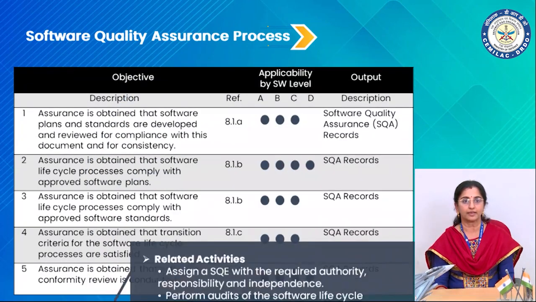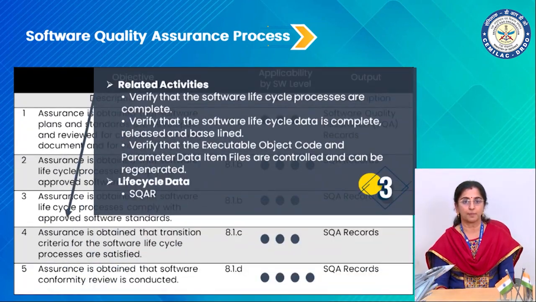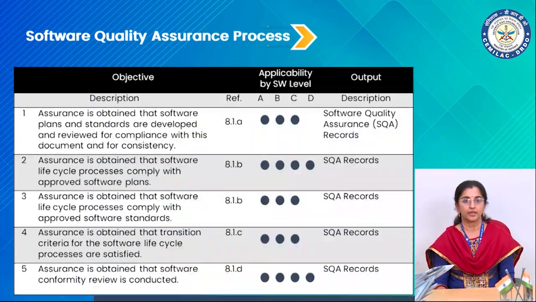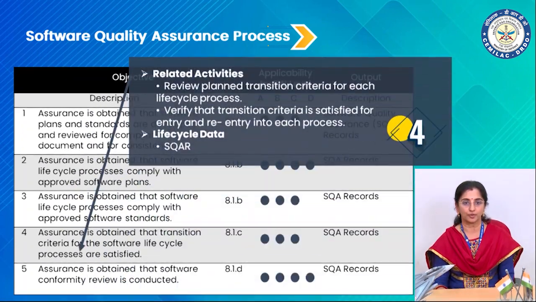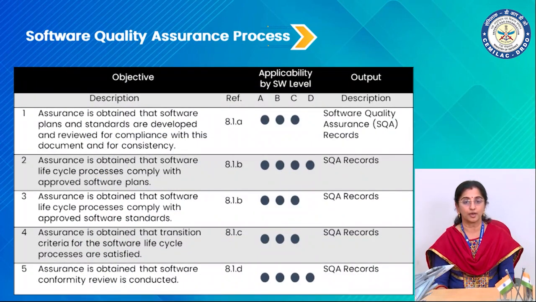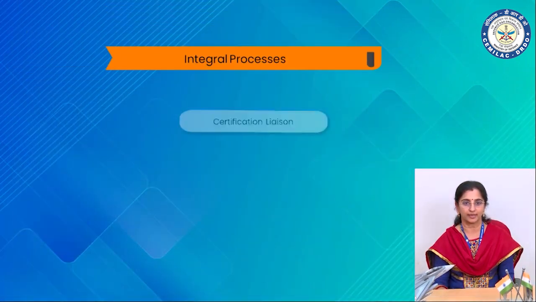Assurance is obtained that software lifecycle processes comply with approved software standards. Number 4 is the assurance that is obtained that transition criteria for the software lifecycle processes are satisfied. And finally, assurance is obtained that software conformity review is conducted.